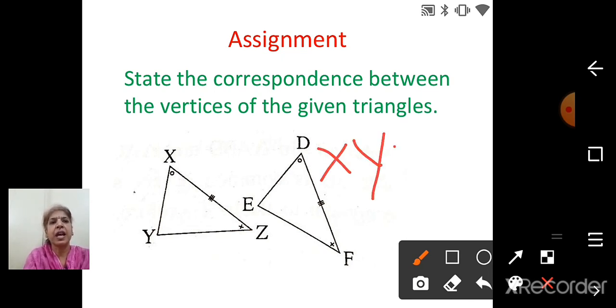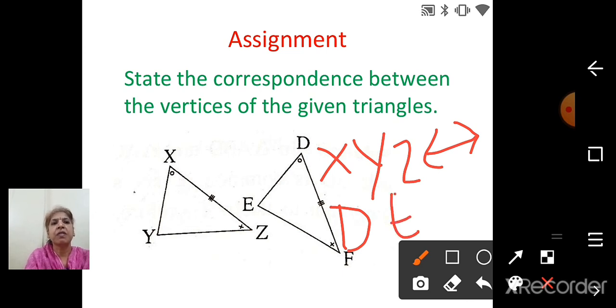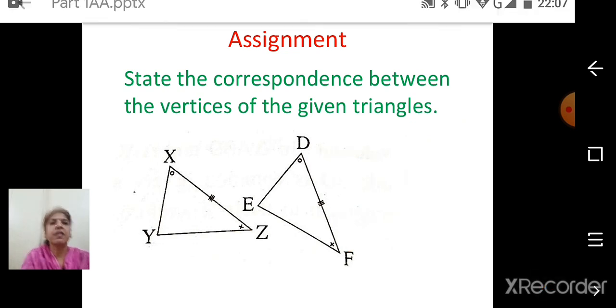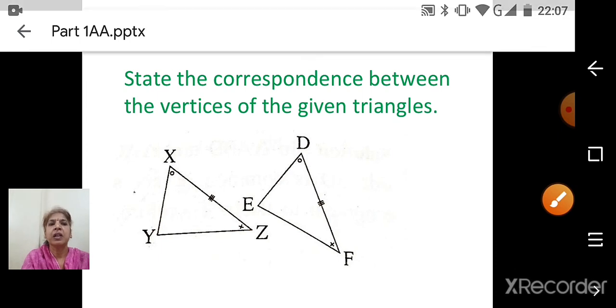X, Y, Z corresponds to. Now in place of X we know it is D. In place of Y, E. In place of Z, F. So this is the way you are going to do the assignment question.